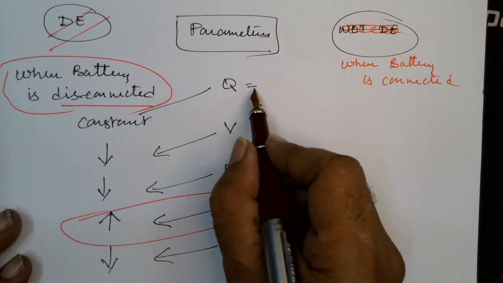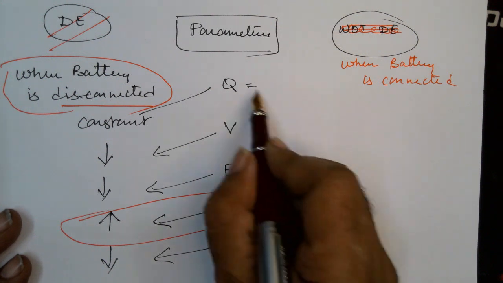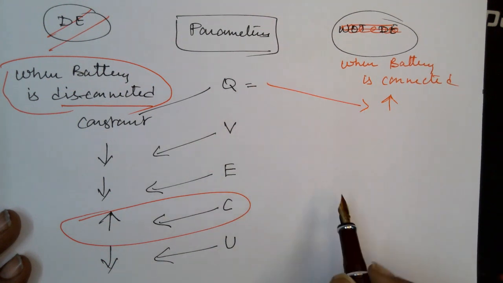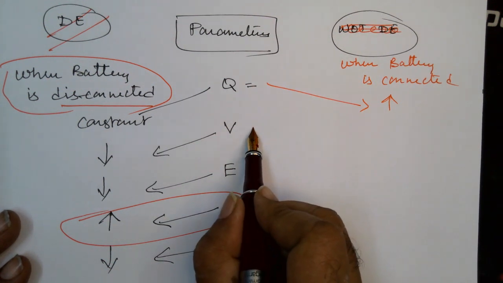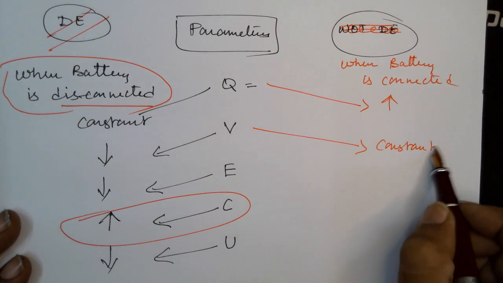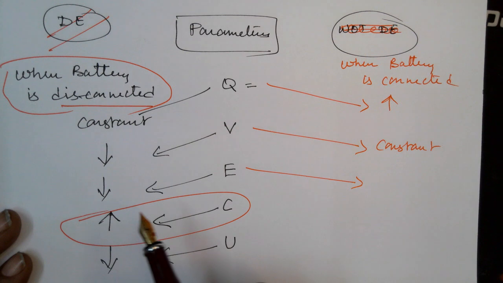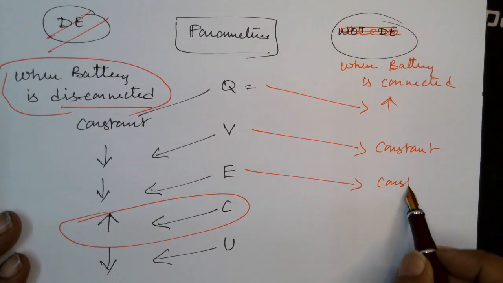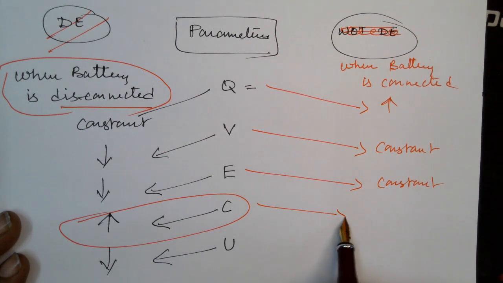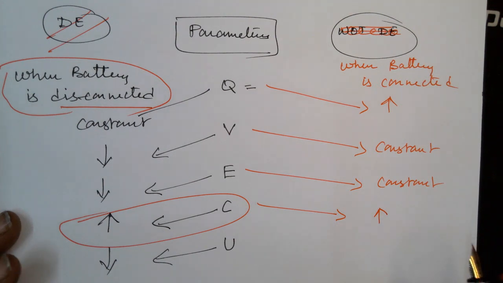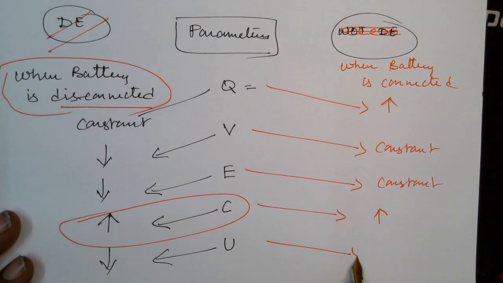Now what about Q? Q, when it is connected to the battery, increases, correct? And what about V? V becomes constant, right? E also constant, and C increases, and U here increases, in the other case it decreases.